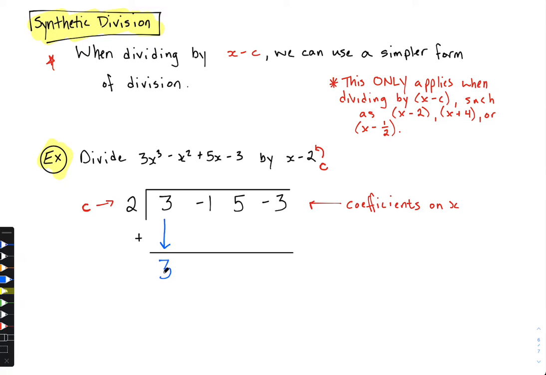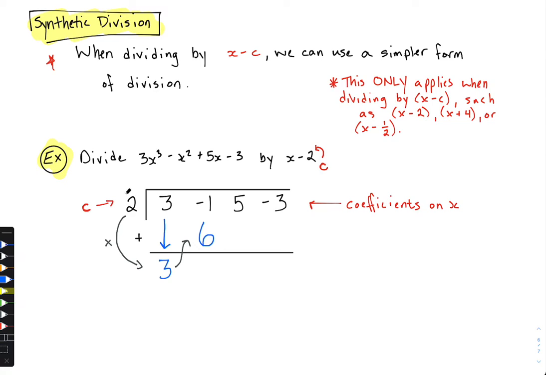So the 3 comes all the way down, and I want to make sure my numbers are lined up nice and clean so I don't get lost. The next thing I do is take this 3 and multiply 2 by 3 and put the answer up here in the next slot. So 2 times 3 is 6, and I'm going to put the number 6 here.